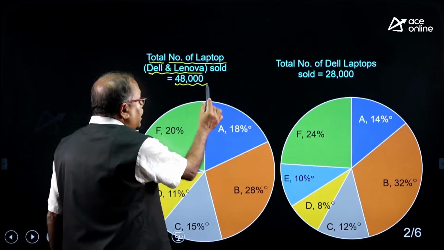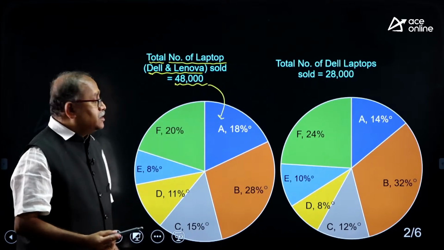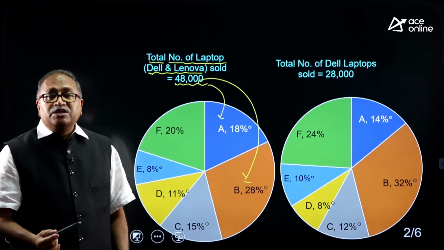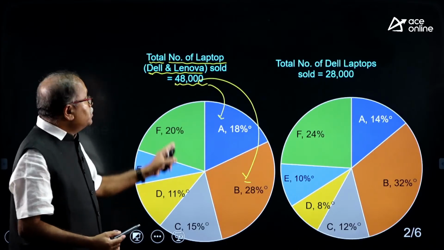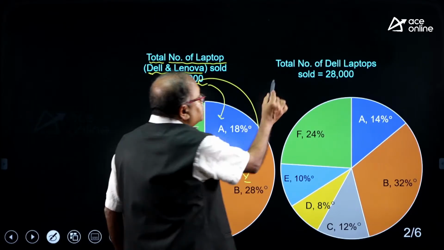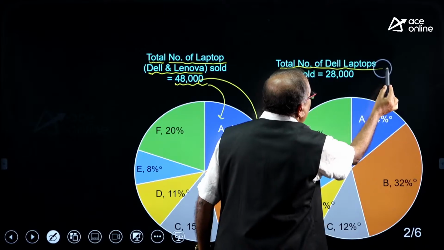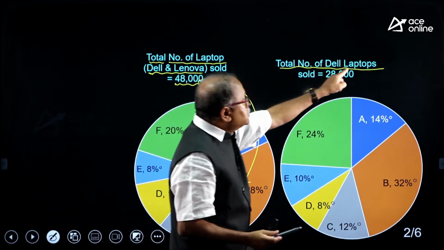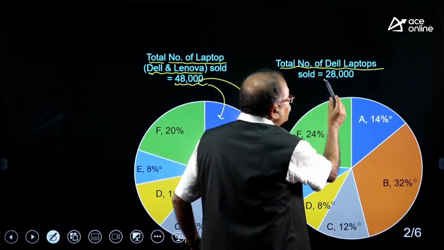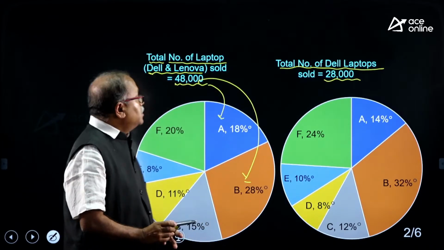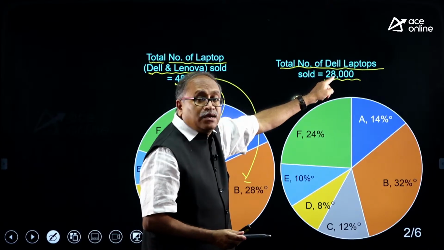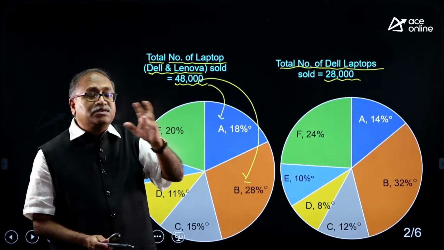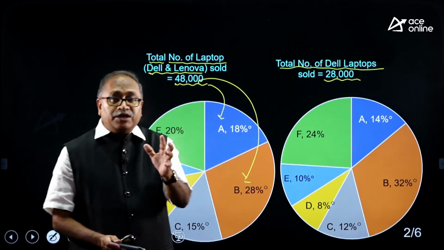By distributor A, that is 18% of the total, by distributor B, that is 28% of the total, and so on and so forth. This is the total. Now, coming to the second one, that is the total number of Dell laptops. Here it is Dell plus Lenovo, and here it is Dell, and the total is 28,000. That means out of 48,000, Dell is 28,000, then the Lenovo will be the remaining one, 48,000 minus 28,000, which gives 20,000.